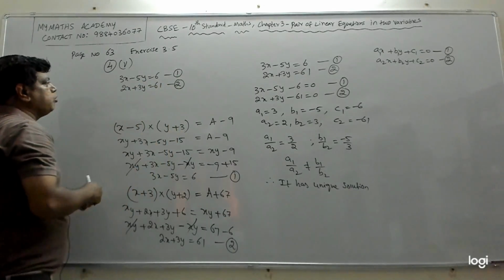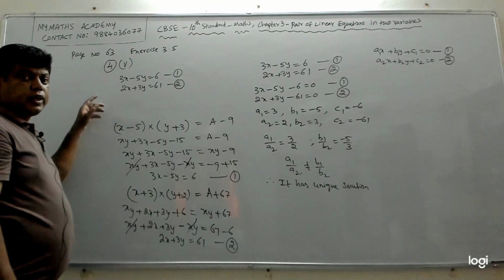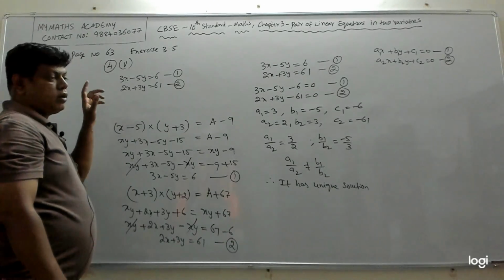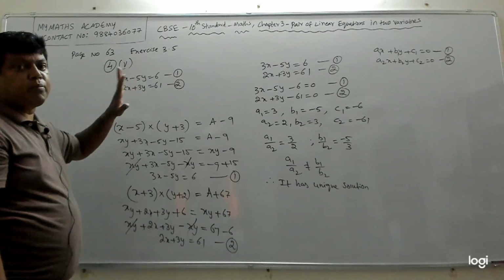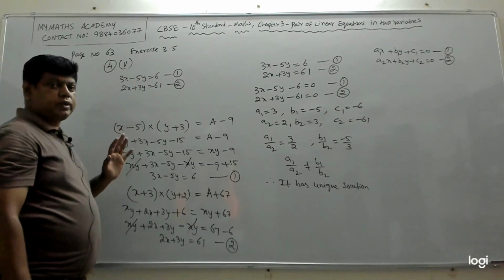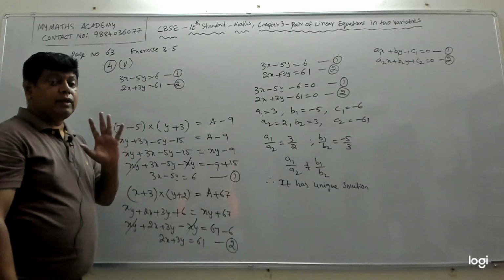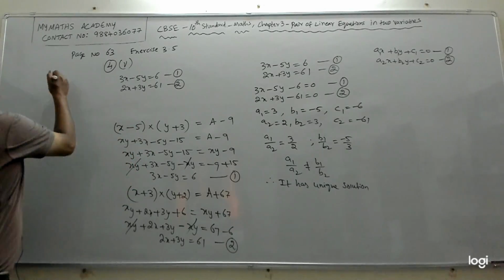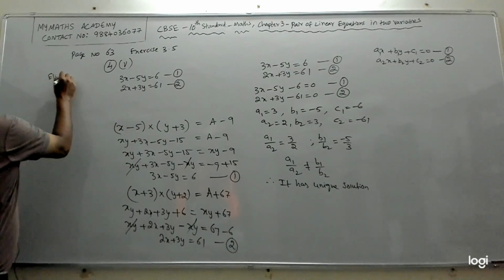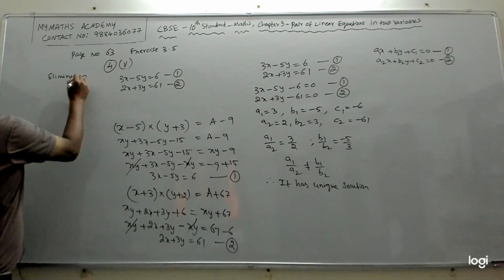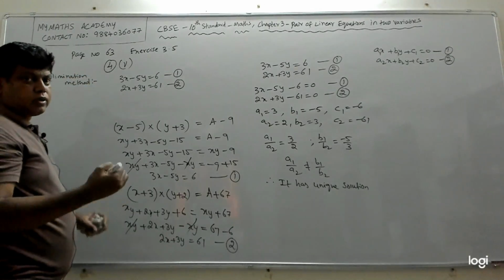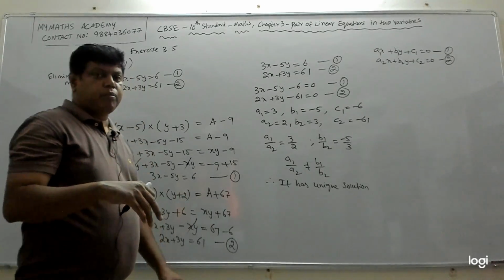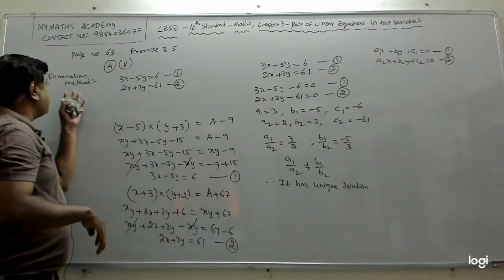Now what should we do for the elimination method? We should check whether the coefficient of x or the coefficient of y is the same in both equations. That is the first check for the elimination method. We can choose any method, elimination or substitution or cross multiplication, but the easiest method is the elimination method.